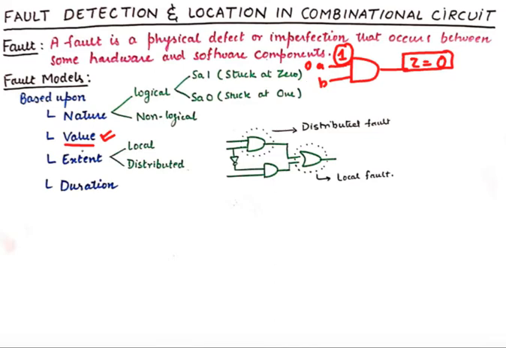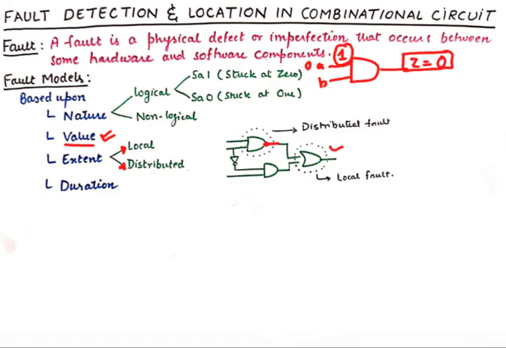Then we have the fault models based upon the extent. By extent we mean whether the effect of the fault is going to be local or distributed. For example, if you encounter a fault at the output of this gate, then it is most likely to propagate further in the combinational circuit, causing a fault here also.